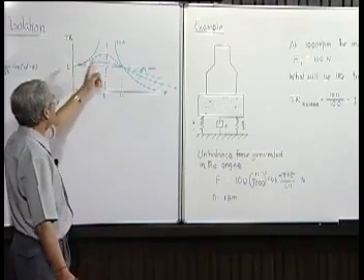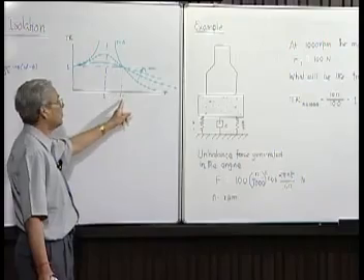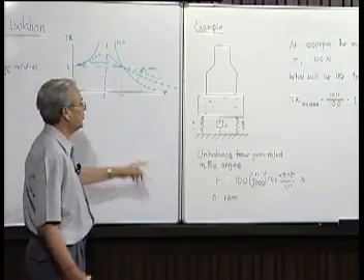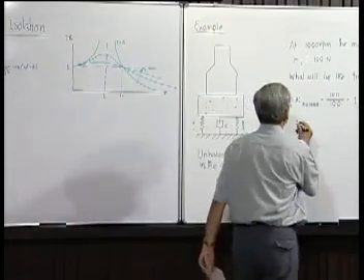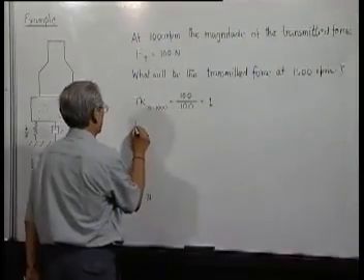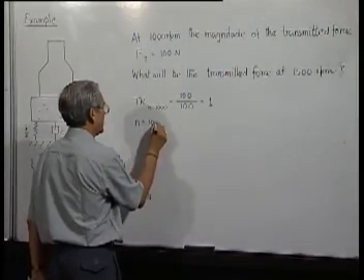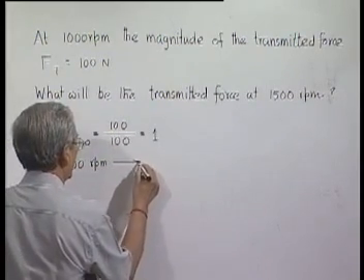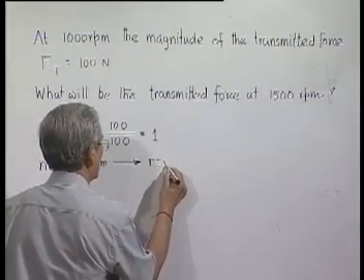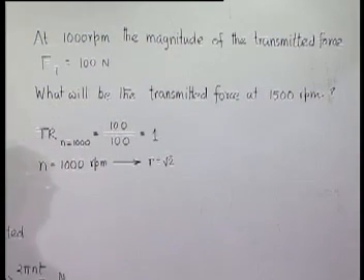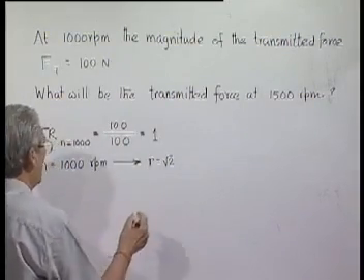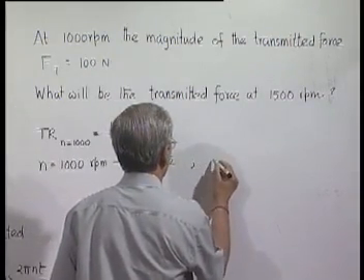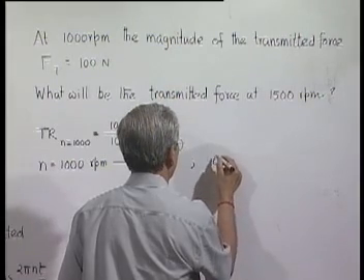So, the only other possibility is that when r is equal to root 2, transmissibility will be 1. That means N equal to 1000 RPM corresponds to r equal to root 2. So, we can find out omega n.